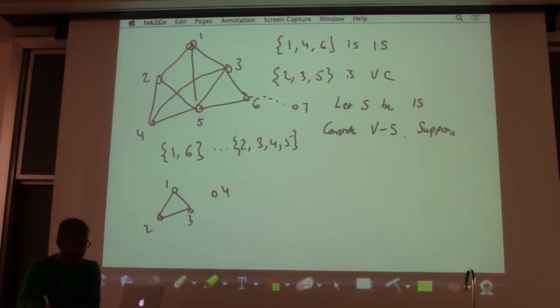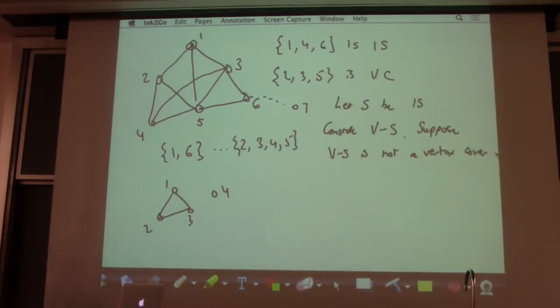Suppose V minus S is not a vertex cover. What does that mean? What does it mean for V minus S to not be a vertex cover?